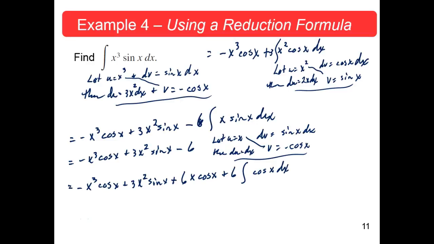Negative sign. All right, so this then, I think this is the last go here, minus x cubed cosine x plus 3x squared sine x plus 6x cosine x plus 6 minus 6.